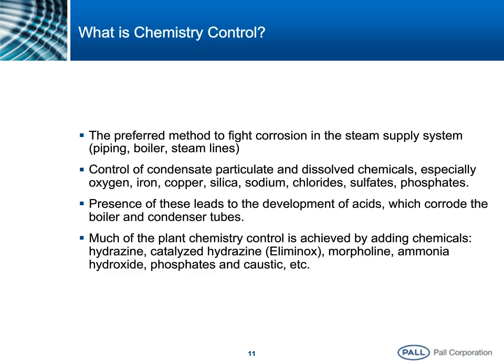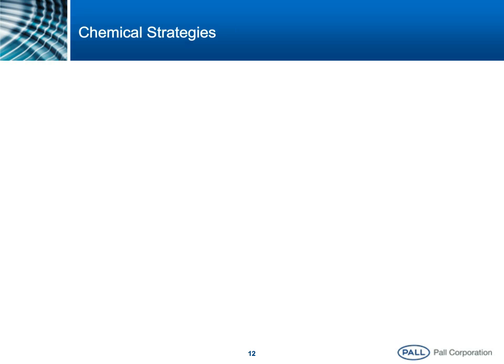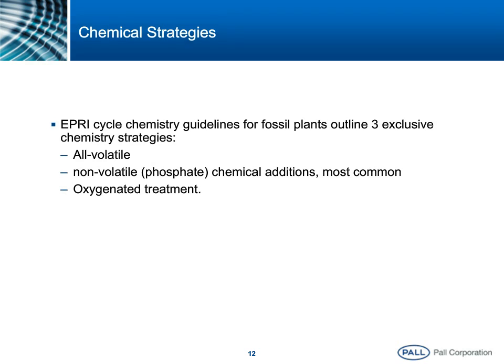So maybe just a very short reminder on the range of chemical strategies we have. EPRI recommends 3 strategies: all-volatile treatment, phosphate chemical additions, which is the most common, as well as oxygenated treatment.